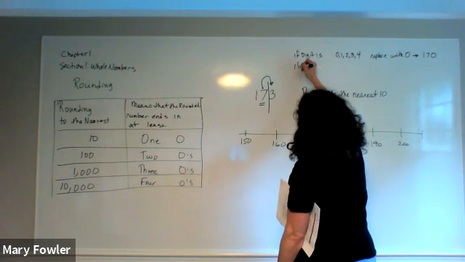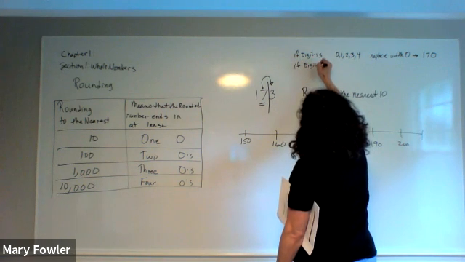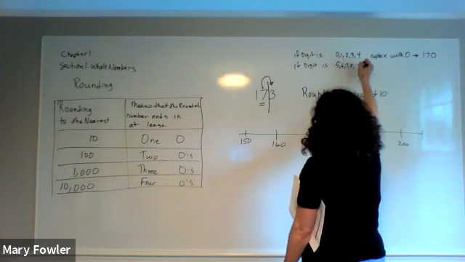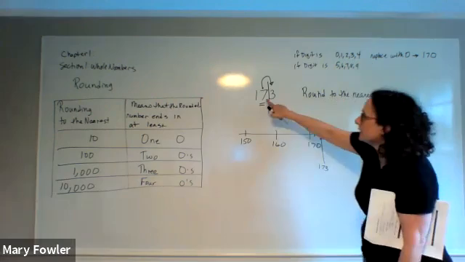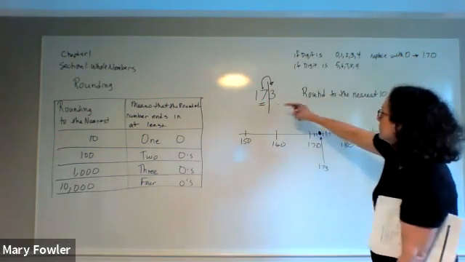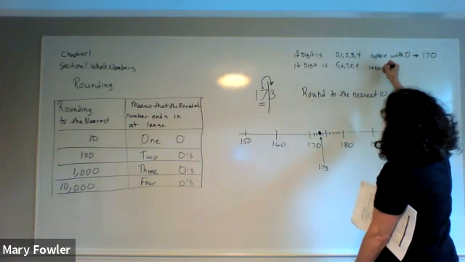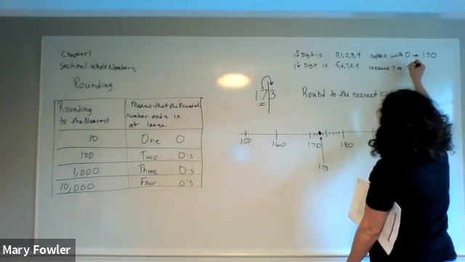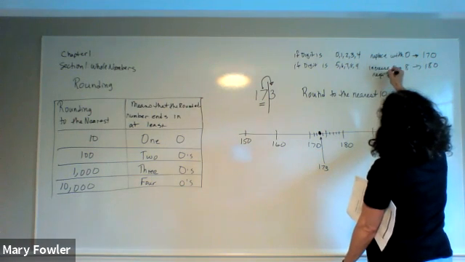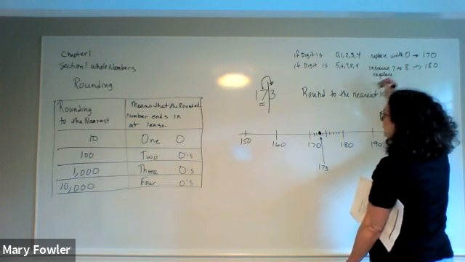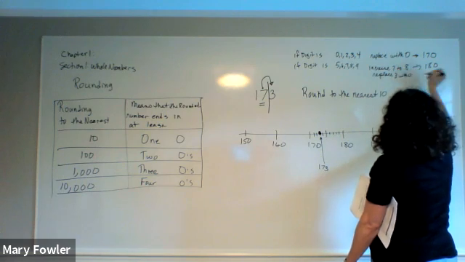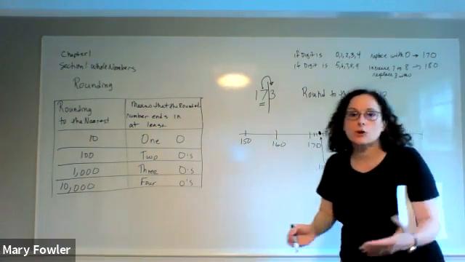If the digit is 5, 6, 7, 8, or 9, I increase my 7 to an 8 and then replace the digit with a 0. And so the 170 would go up to 180.